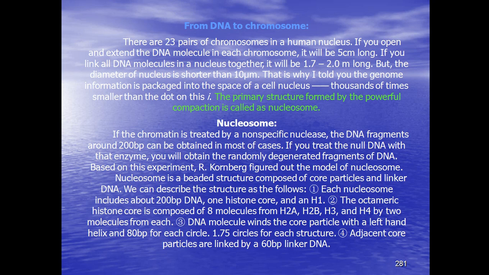Now, the next one is, if you take a chromatin fiber and treat it with a non-specific nuclease enzyme, DNA gets fragmented, and each fragment will be 200 base pairs.